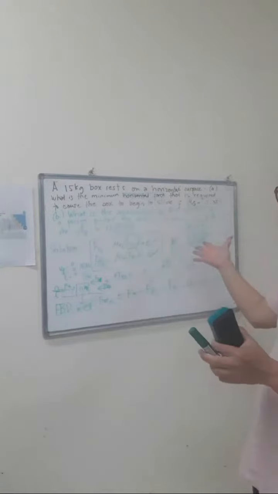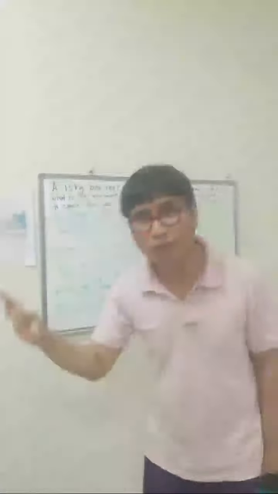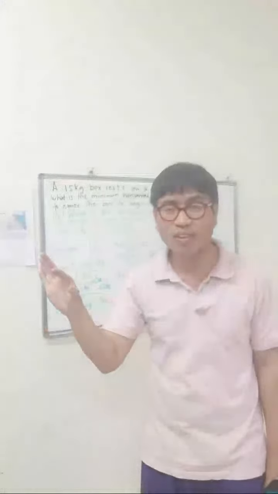It was being divided first. The question says: A, what is the minimum horizontal force that is required to cause the box to begin to slide if the frictional static coefficient is 0.35? This sentence does not involve yet the frictional kinetic force, but in your solution here, you involve already the totality.